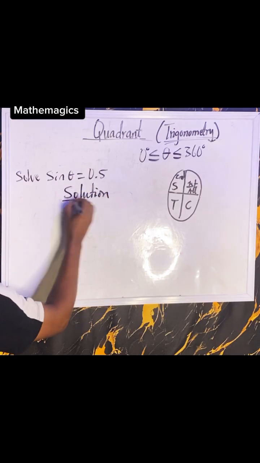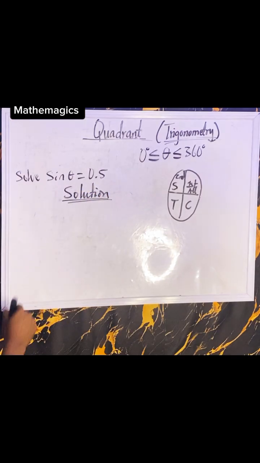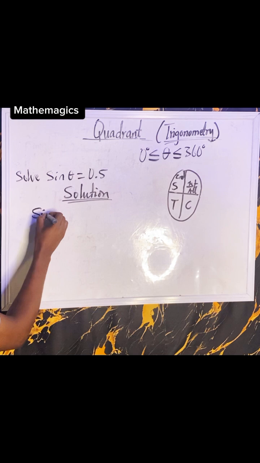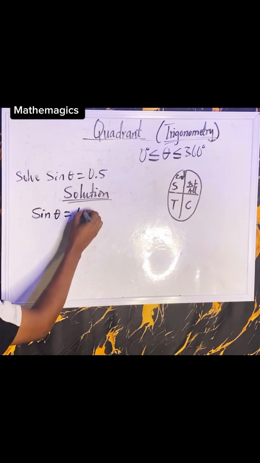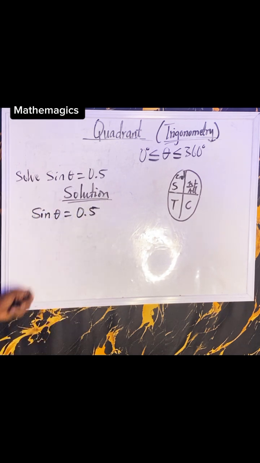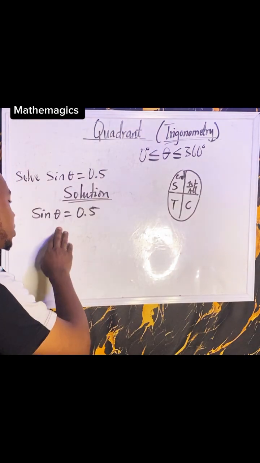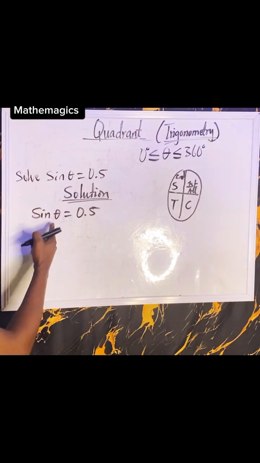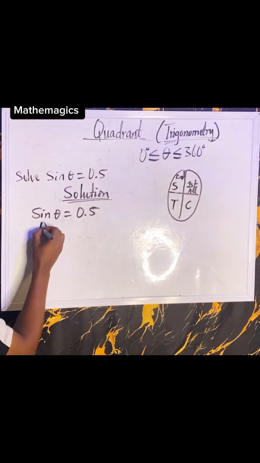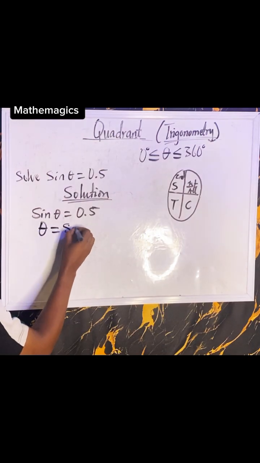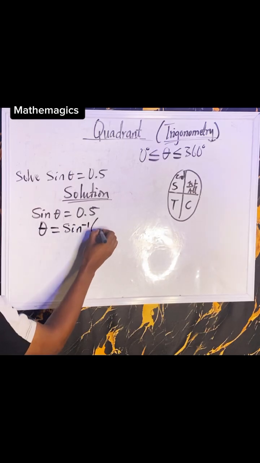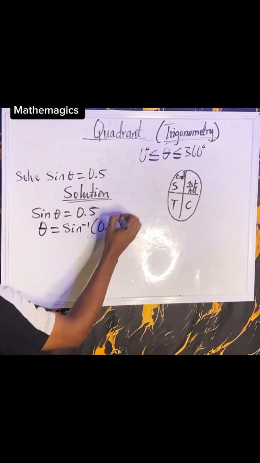Okay, now at this point, what I will do is indicate the solution. Then I'll have sine theta is equal to 0.5. So at this point, I will need to divide both sides by sine. But that sounds funny. When you intend to divide both sides by sine, it means you have to take the sine inverse. So taking the sine inverse of this, I'll have theta equal to sine inverse of 0.5.